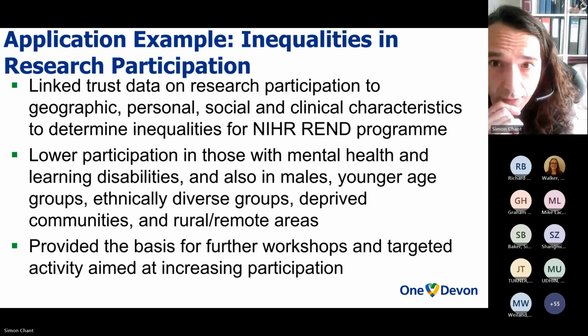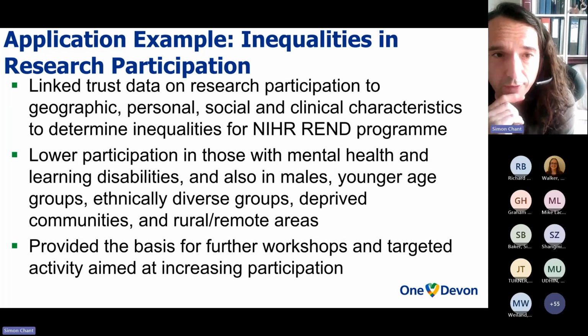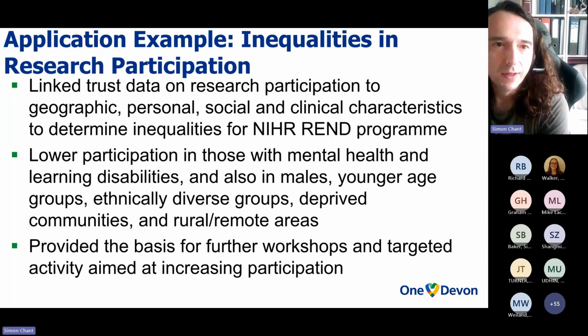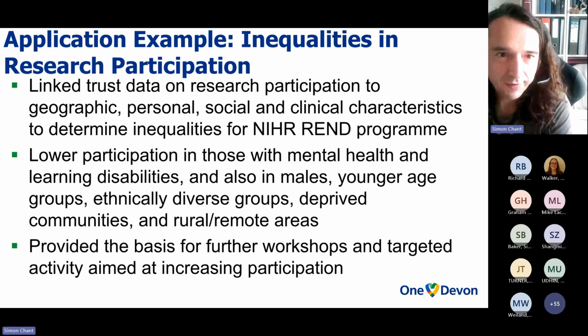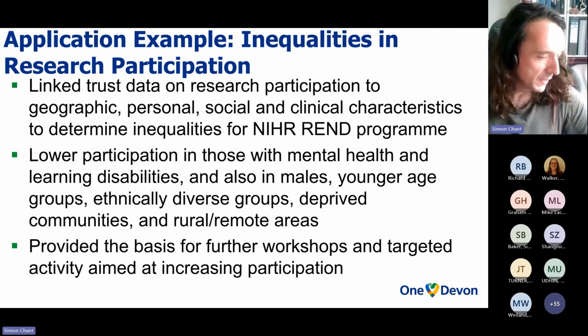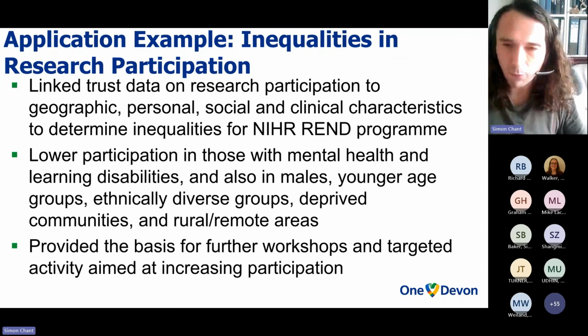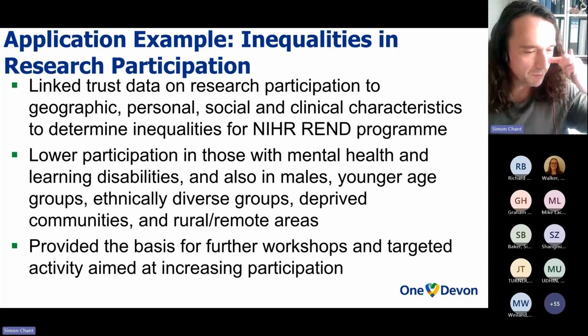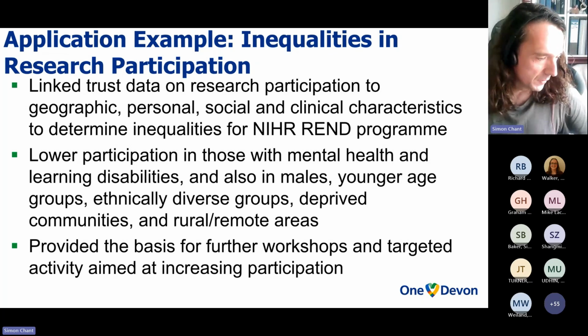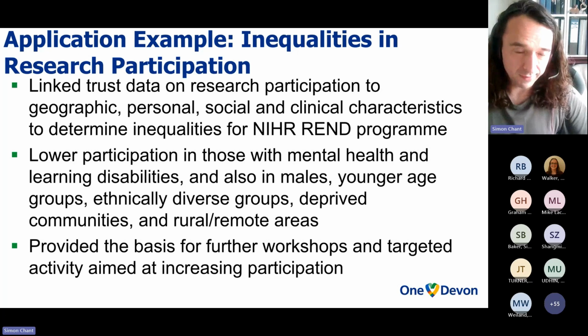So, just to mention a bit more around the Inequalities in Research Participation project. This was linking data on research participation from our acute trusts to the geographic, personal, social and clinical characteristics in the One Devon Dataset. And this was all around finding out, are there people who are underrepresented in terms of participants and people who are active in research?